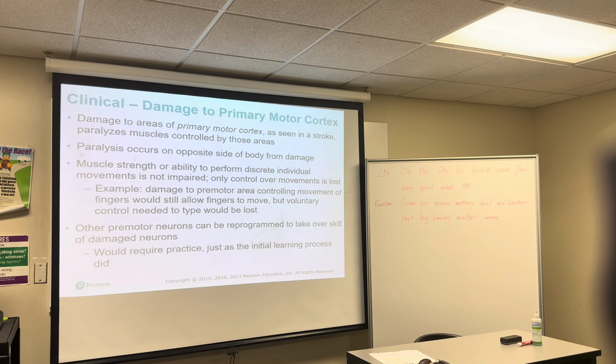So now I want you to understand right here, if you have damage to areas of the primary motor cortex, as seen in a stroke. When we say stroke, what is happening during the stroke? We talked about it before, right? Your brain is not getting oxygen for a few seconds and the brain cells are what? Damaged.